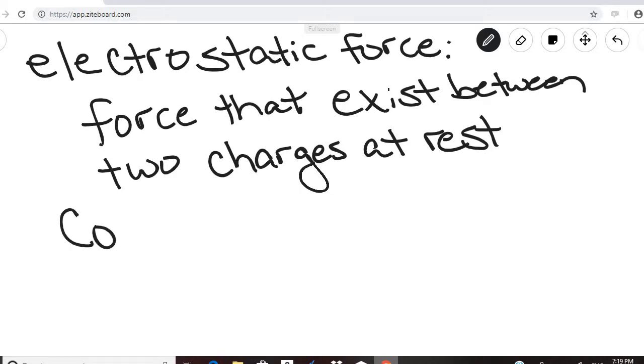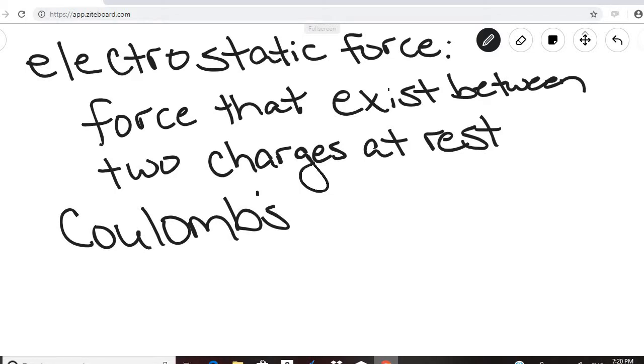A Frenchman, I can't remember his first name, but his last name was Coulomb, studied this force that is generated between two charges at rest. As we said, the force that is generated is based on the amount of charge and also on the distance between them.